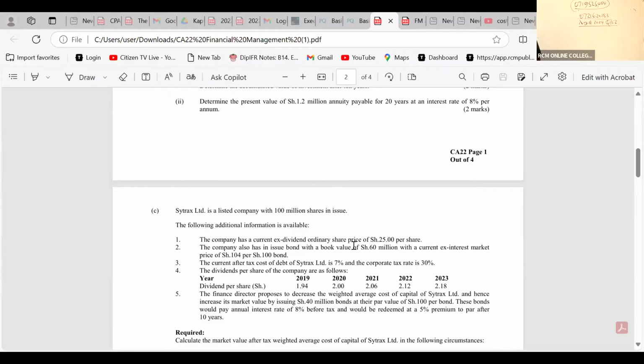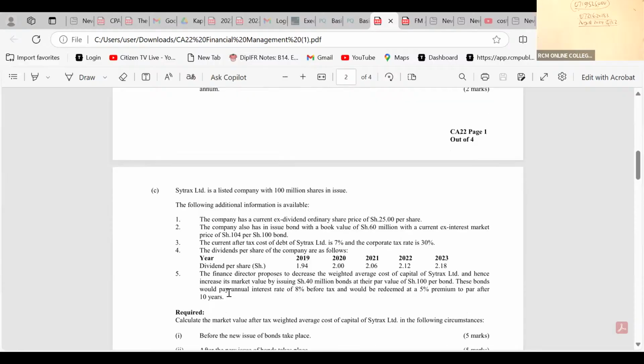The company also has in issue a bond with a book value of 60 million, with a current ex-interest market price of 100. The current after-tax cost of debt is 7%, and the corporate tax rate is 30%. The dividends per share of the company are as follows.